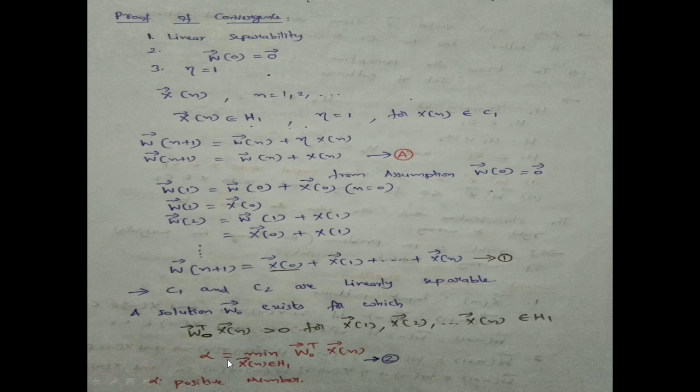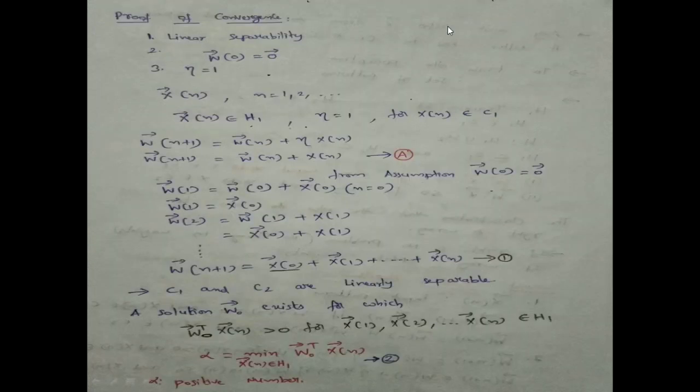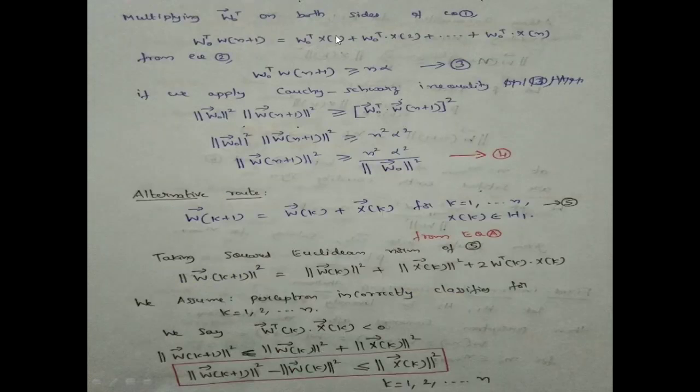So we now define a positive number alpha. Alpha is defined as the minimum of W0 transpose x(n), where this vector x(n) belongs to the subset H1. Now multiplying W0 transpose on both sides of equation 1, we get W0 transpose W(n+1) equal to W0 transpose x1 plus W0 transpose x2 plus, and so on, W0 transpose x(n).